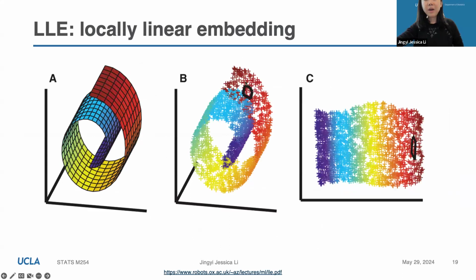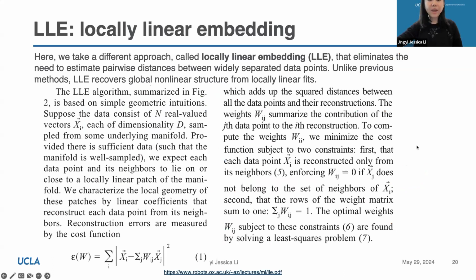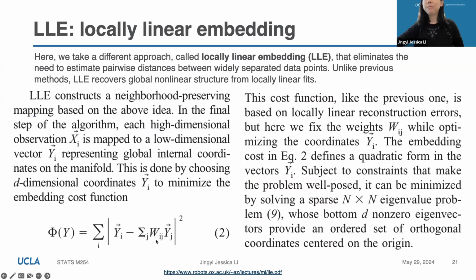So basically it tries to learn some linear weights of neighbors to a data point in the high dimension, assuming that in this neighborhood, we can approximate it by a flat surface. Then in the low dimension, it uses the same weights, fixing the weights, but learns the low dimensional embeddings of these data points. So it's a two-step procedure. First, learn the weights in the high dimensional space. Second, learn Yi, the low dimension embedding, by fixing the weights.